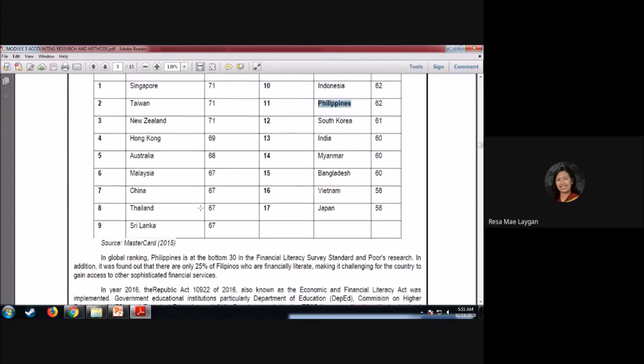In addition, it was found out that only 25% of Filipinos are financially literate. From these statistics, we can perceive that not all Filipinos, or the majority of Filipinos, are really that financially literate.